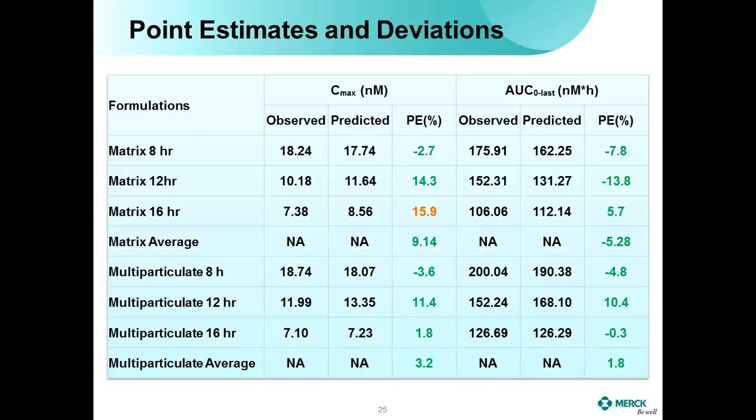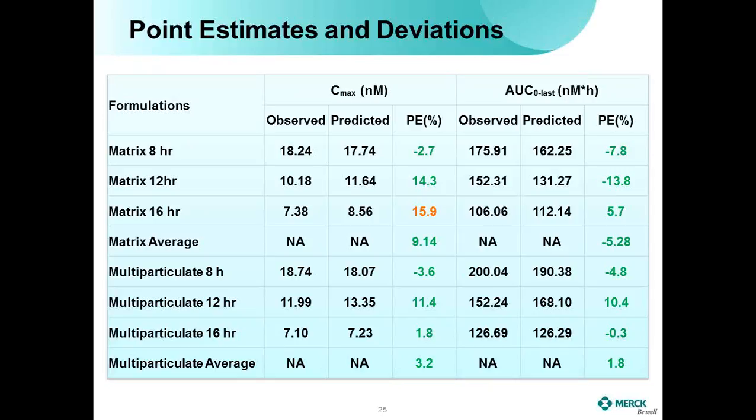So I think the model is pretty successful if we use a different set of ASF values to predict different controlled release formulations. But ideally, it would be good to use a single set of ASF values to predict both matrix and multiparticulate formulations. We also tried that approach, but we saw larger deviations, particularly for slow release formulations.